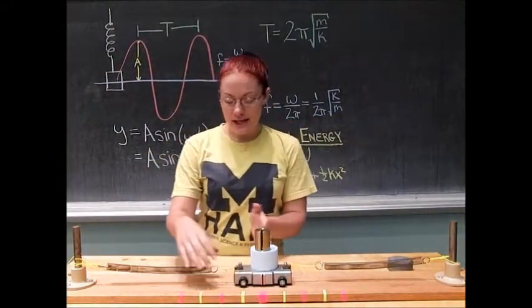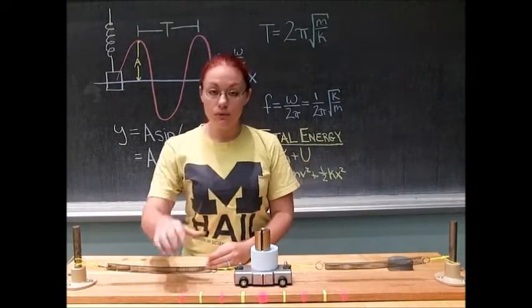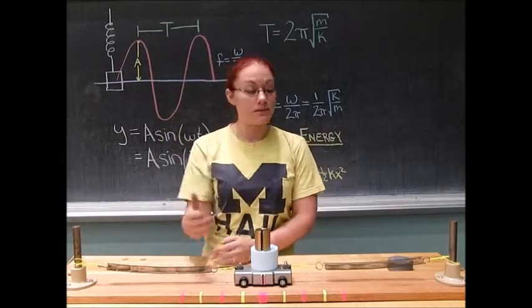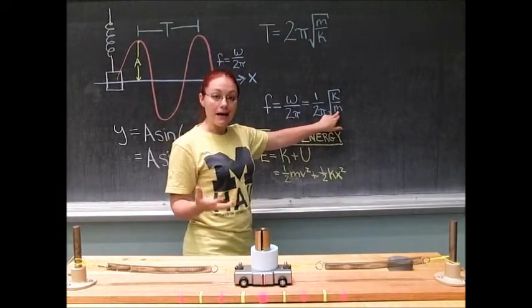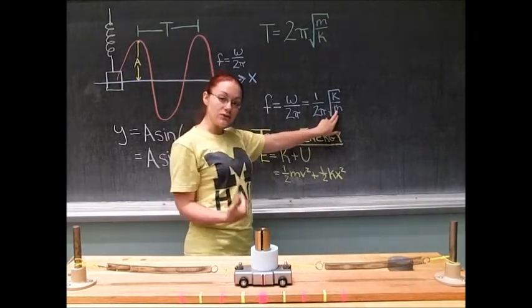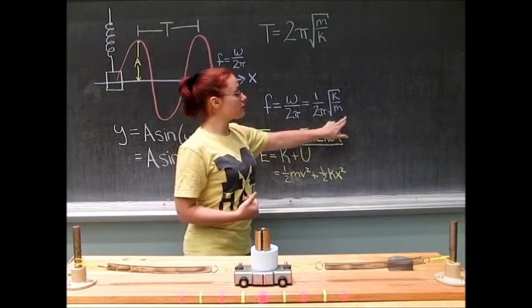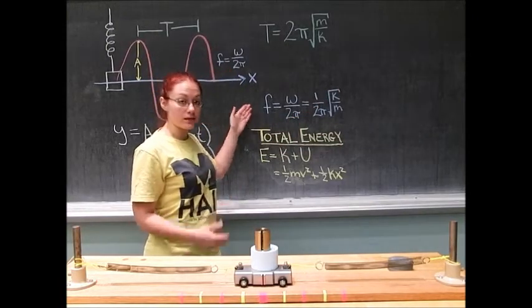If I extend this to its maximum position and let it go and remove the mass at this maximum position, we know that already mass has a direct relationship to the frequency. So if we decrease the mass, this fraction will get larger, therefore the frequency should increase.